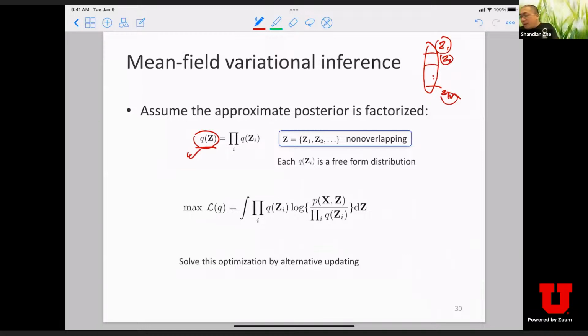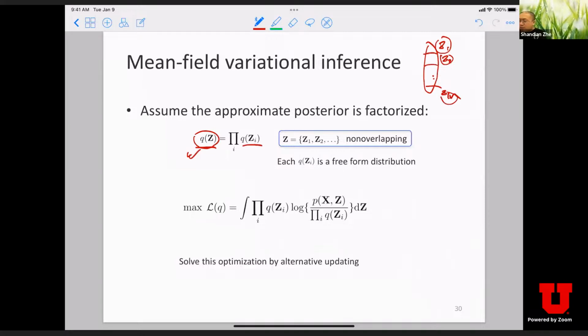But we leave the flexibility that each of these Q of Zi can be any valid distribution; we do not know the form. Does it make sense? This is my specific design of the approximate posterior distribution.